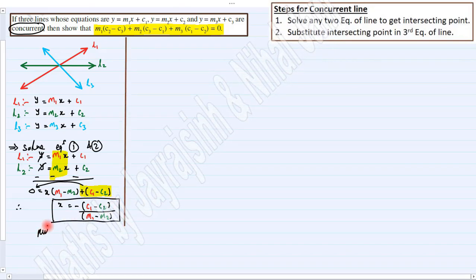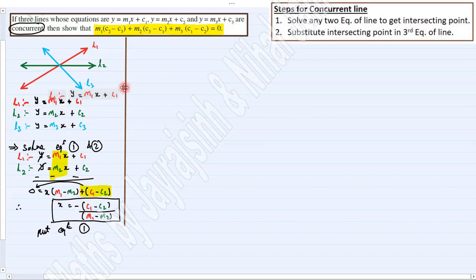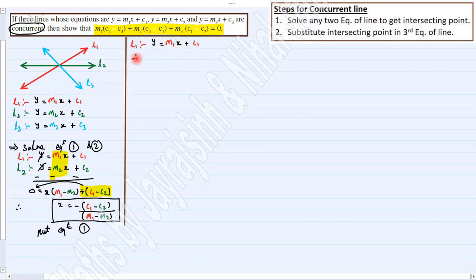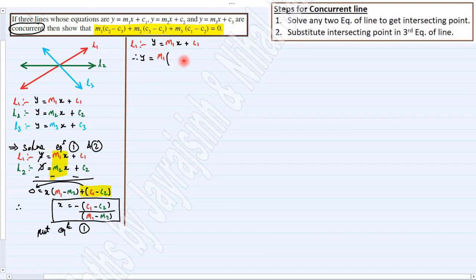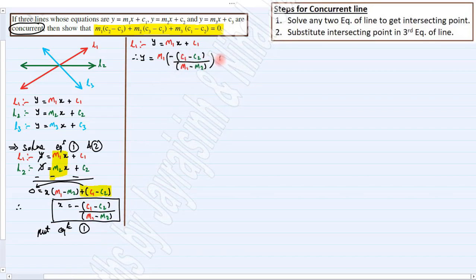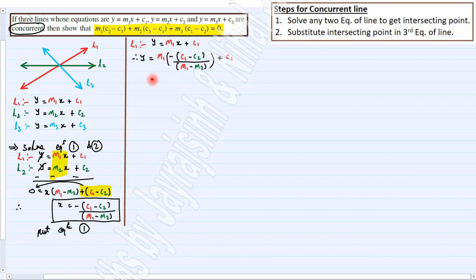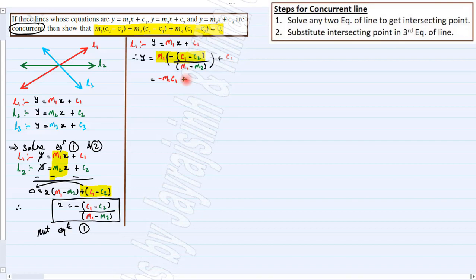In the next step, we have to substitute this value in any one of the equations. Let's place it in the first line equation, so we can get the value of y. Your m1 will be as it is, and we put the value of x, plus c1. Now let's simplify. Let's multiply minus m1 within the bracket, so we'll get minus m1 c1 plus m1 c2.